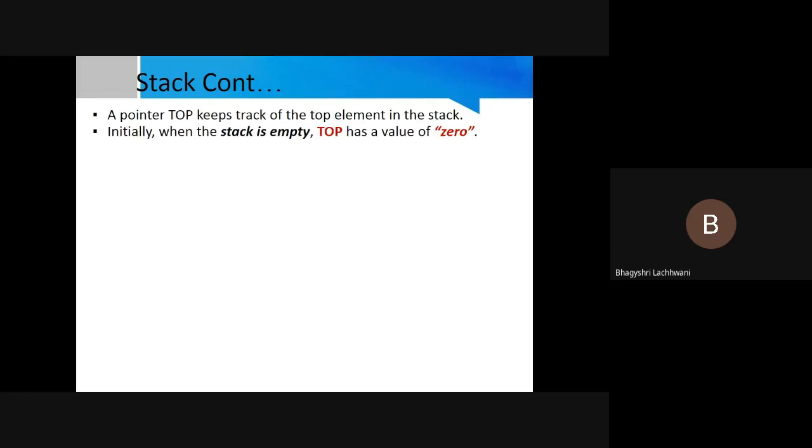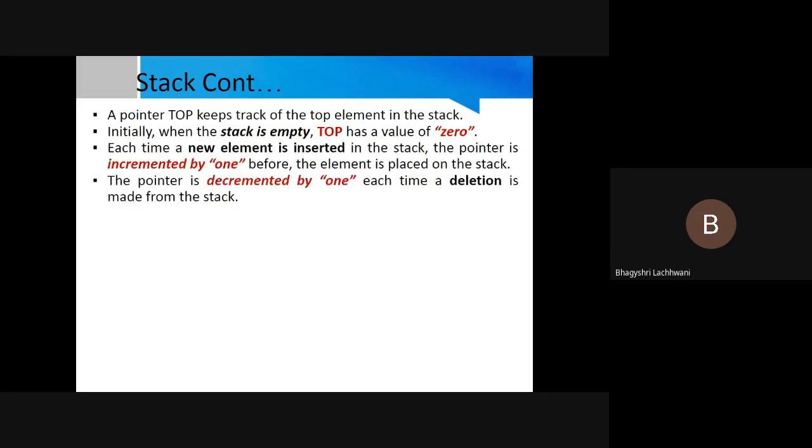Now suppose initially, always remember, our stack top pointer will be assigned the value 0. That means whenever the top value is 0, it is an indication that your stack is empty. No elements will be in the stack. So whenever no element is in the stack, your top will be at the 0th position.